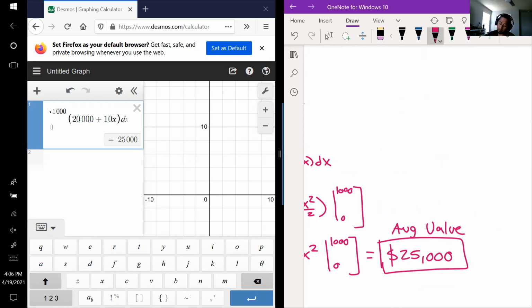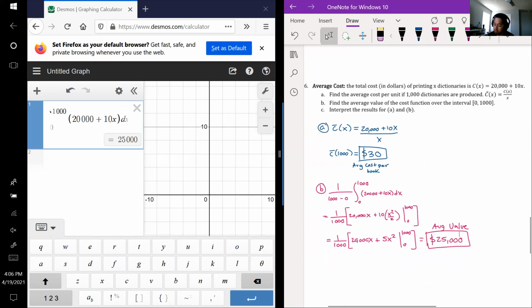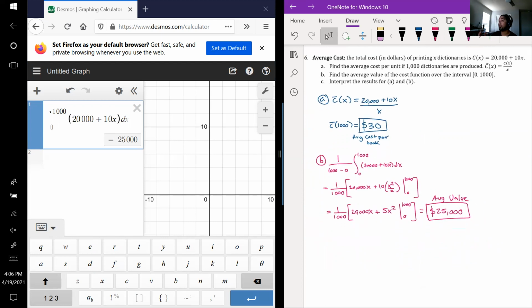So to interpret our results, well, it cost us $30,000. I mean, not 30,000. It cost us $30 to make each dictionary. But then if we make 1,000 dictionaries, the average value of making 1,000 dictionaries is going to be $25,000. So that's how we interpret this.